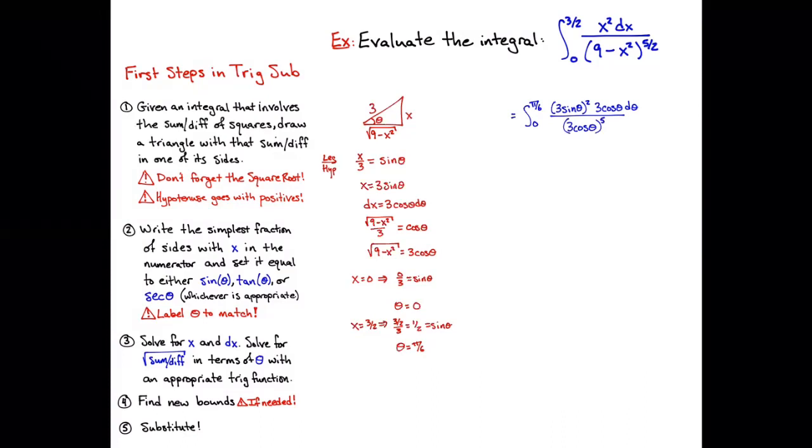Let's bring our coefficients out in front. I have a 3 squared times a 3 divided by a 3 to the 5th. Integral from 0 to pi/6 of sine squared theta cosine theta over cosine to the 5th theta d theta.